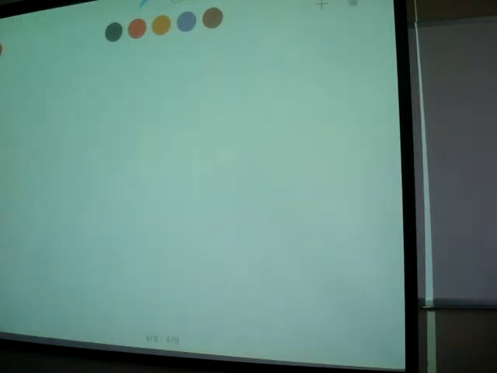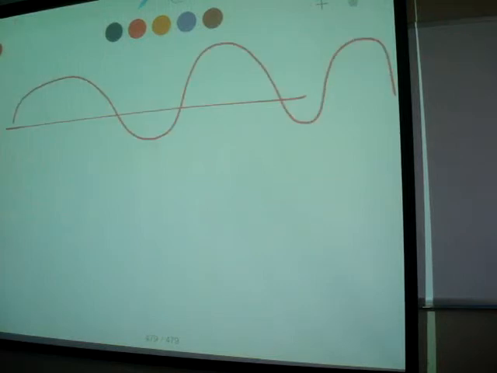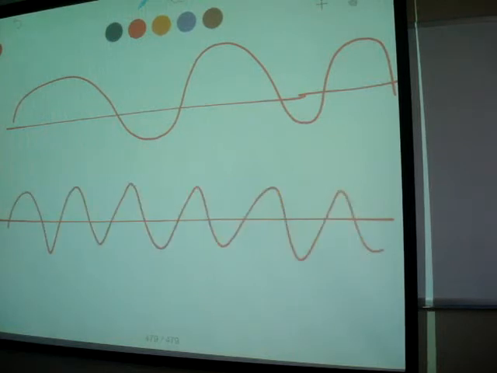Let's say we have a longer wavelength. This is a longer wavelength, okay? I'm trying to draw it already. Alright, and we have a shorter wavelength. Now when you look at it, this is a longer wavelength.